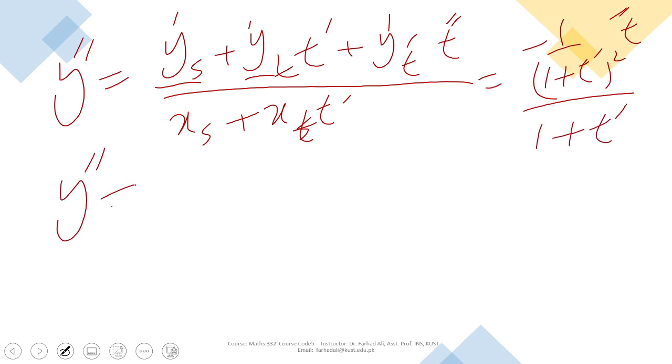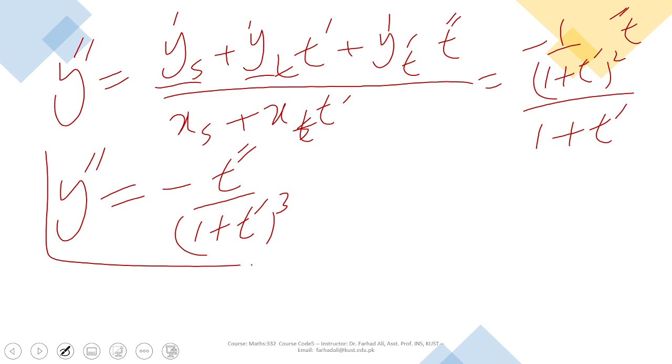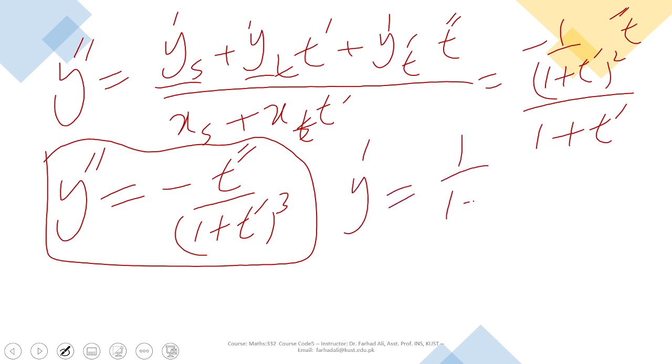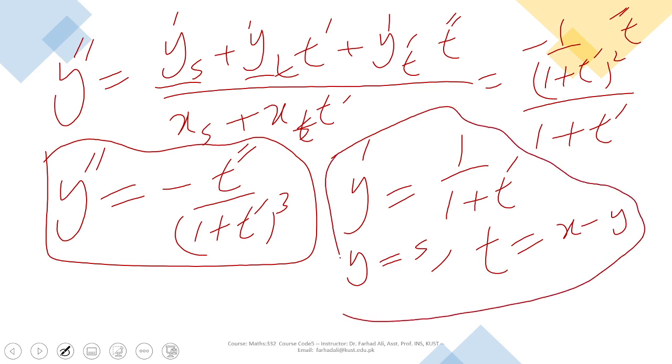So y double dash is equal to minus t double dash over 1 plus t dash cube. Y dash is 1 over 1 plus t dash, y is s, and t is x minus y.